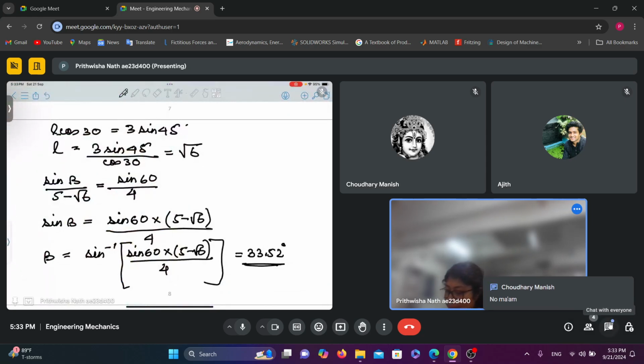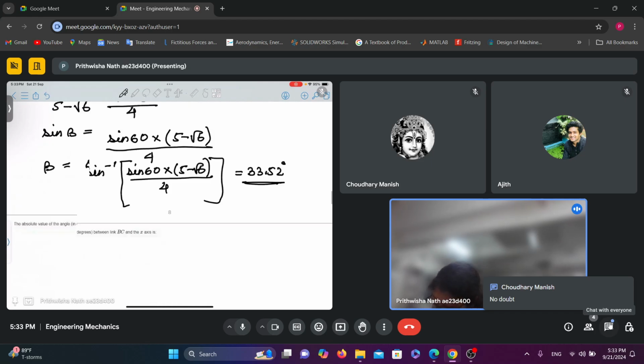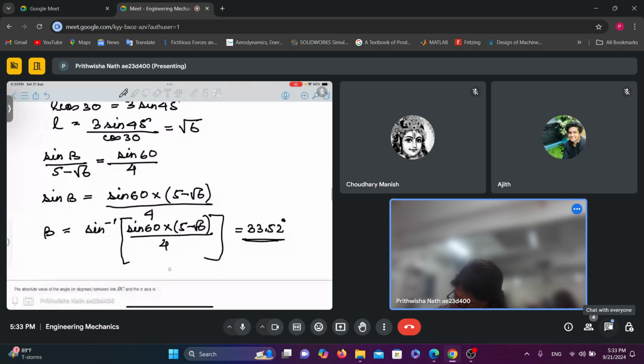Okay. So the next part, the absolute value of the angle between the link BC and the x-axis. So this is the angle.